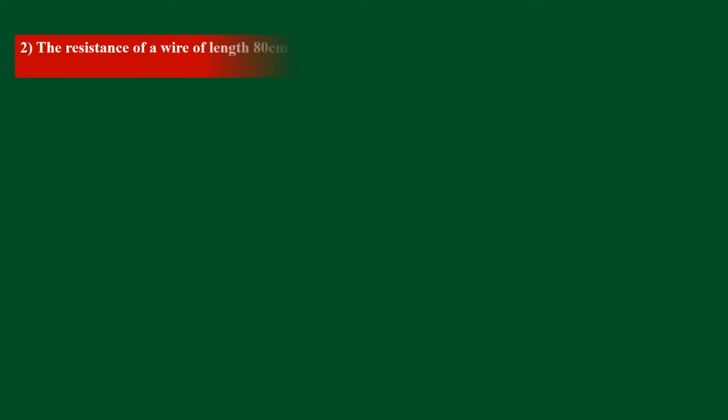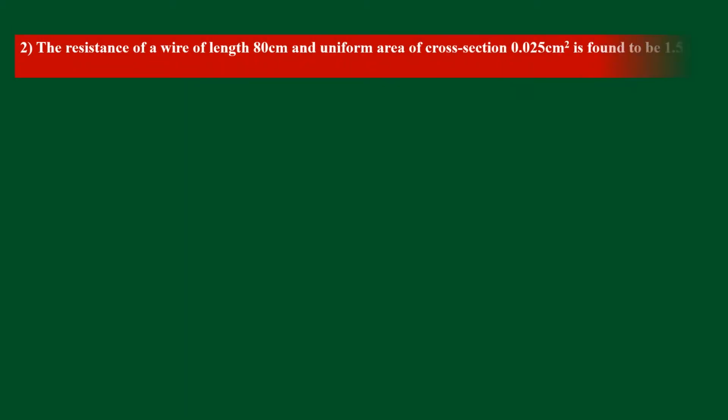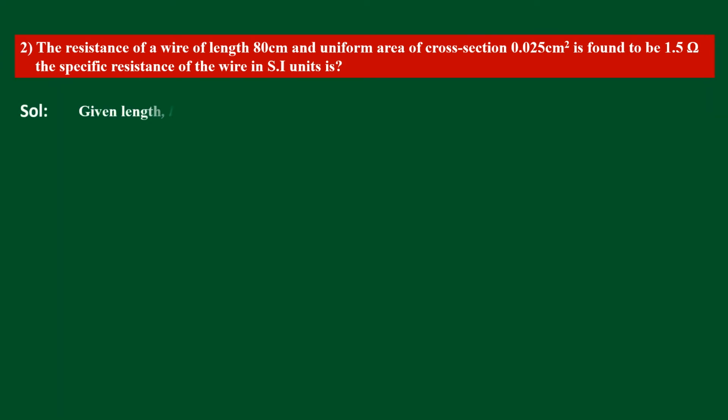The resistance of a wire of length 80 centimeters and uniform area of cross section 0.025 centimeter square is found to be 1.5 ohms. The specific resistance of the wire in SI units is? So let us try to solve this problem. Given length of the wire L is equal to 80 centimeters, so we have to convert it into SI units.